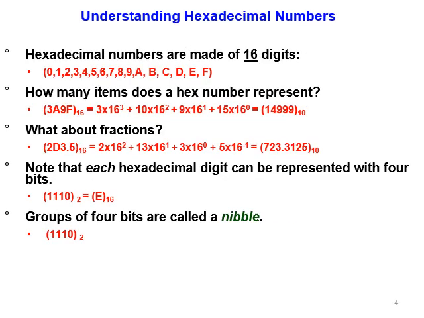Okay. Now, let me talk about the other numbering system, which is hexadecimal. Remember, binary is 0 and 1, so 2 numbers. Octal is 8 numbers from 0 to 7. Decimal from 0 to 9.